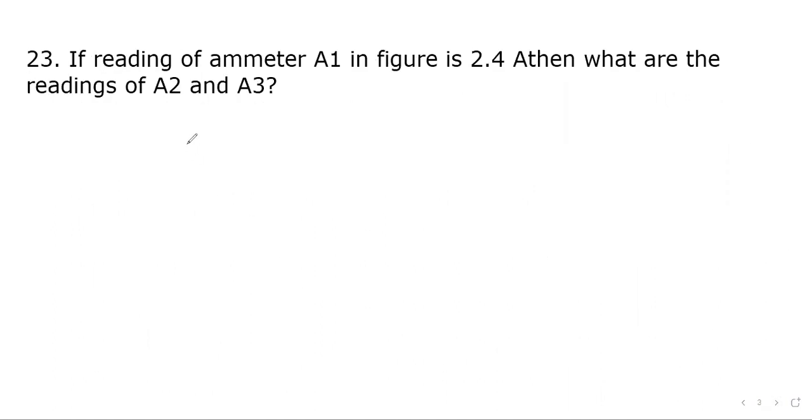Question number 23. If the reading of ammeter A1 in the figure is 2.4 ampere, then what are the readings of A2 and A3? The figure is like this. This is A3. There is a resistance of 10 ohm.